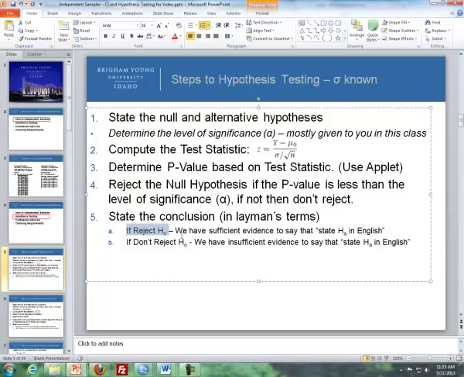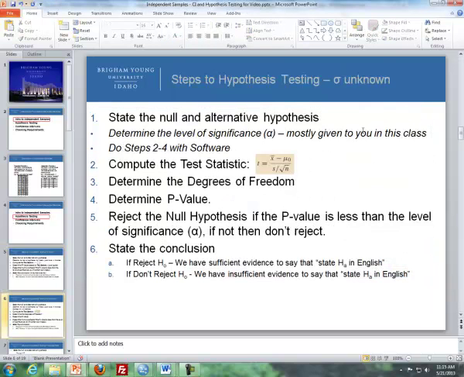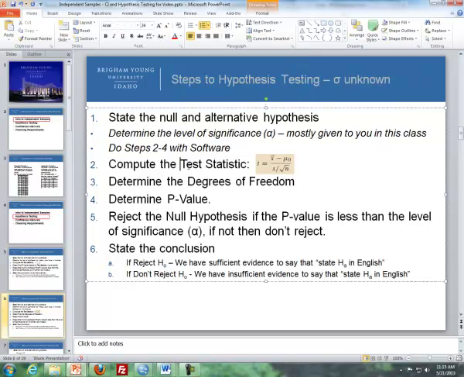If we reject the null, we have sufficient evidence to say that, and then we state the alternative in English. If we don't reject the null, we have insufficient evidence to say that, and then we state the alternative in English. Okay? And then we dealt with one mean, sigma unknown. We'll get to matched pairs in a sec. Basically, with one mean, sigma unknown, we also stated the null and alternative hypotheses.